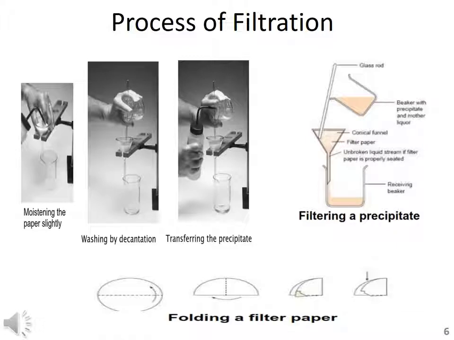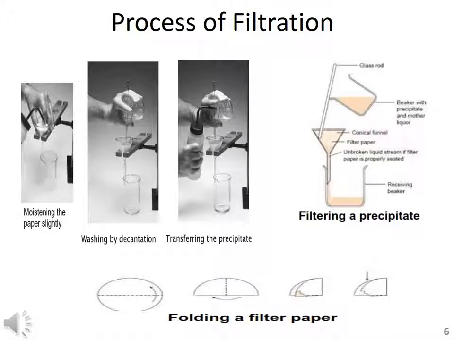You will have to take this well washed clean glassware. This glassware includes a beaker, a funnel, and a stand on which you can keep this funnel in an upright position.